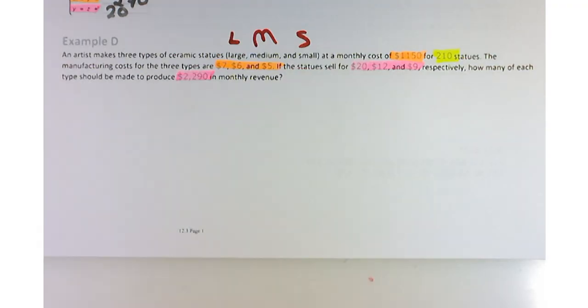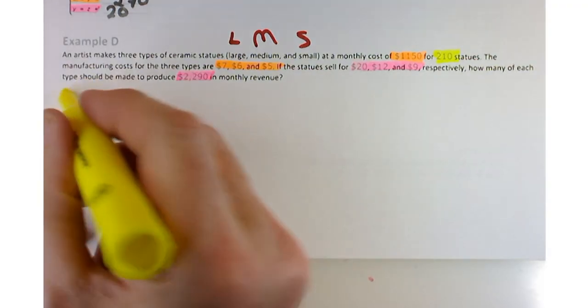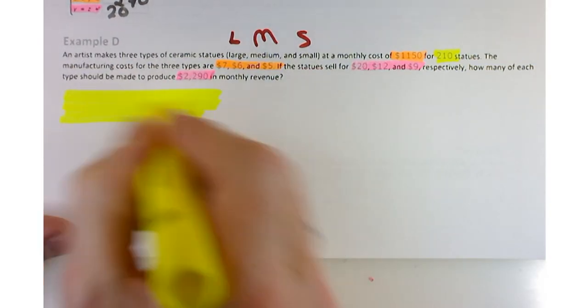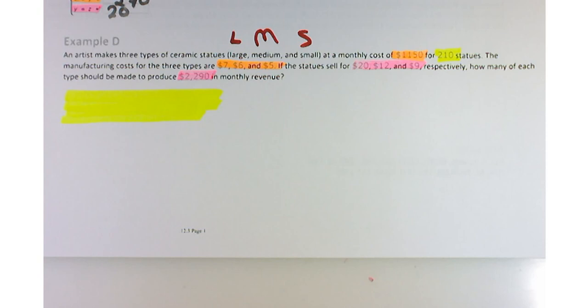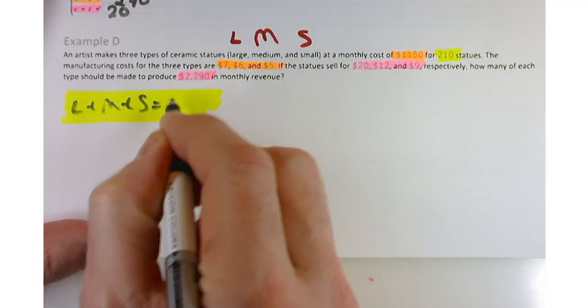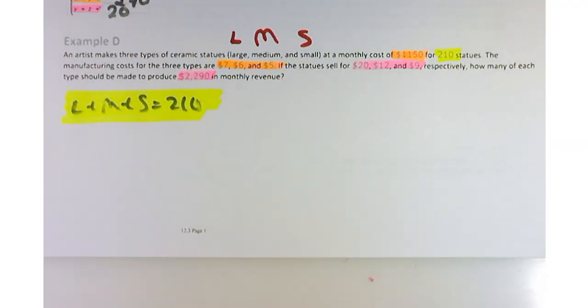Well, how is that in terms of an equation? What should I write? L plus M plus S equals 210. Yeah, there you go. The number of statues, that is L plus M plus S, equals 210. Great, that's our first equation. 1 down, 2 to go.